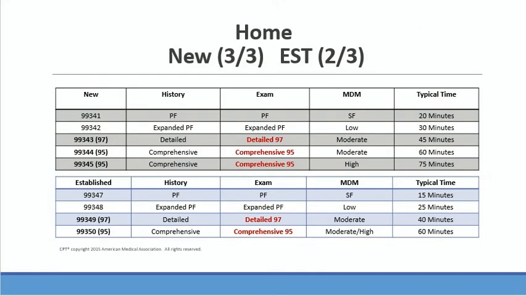In the home setting, we would be able to obtain 99343 for a new patient and 99349 for an established patient under the 97 guidelines. For the 1995 guidelines, we have enough exam findings to support either 99344 or 99345 for new patient visits, and we would have 99350 for an established patient exam.